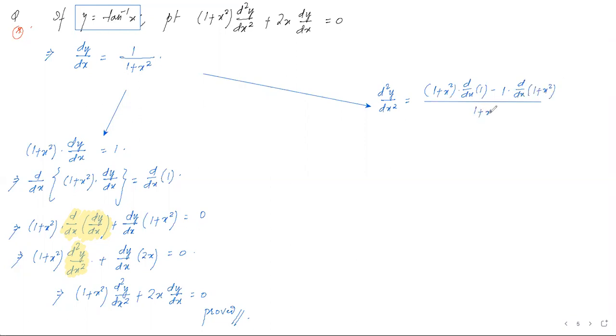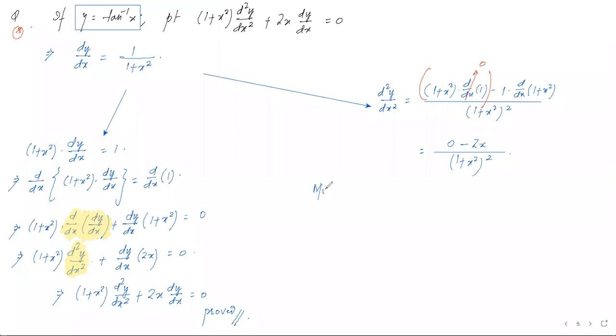And in the denominator, it becomes denominator whole square. So we know ddx of constant is 0. So this term multiplied by 0 will completely become 0 in the next step. Minus ddx of 1, 0, ddx of x square will give us just 2x. And then what we have? It is 1 plus x square whole square.